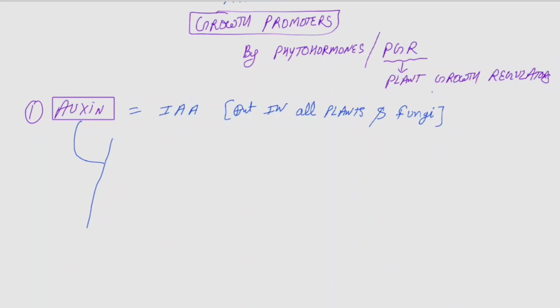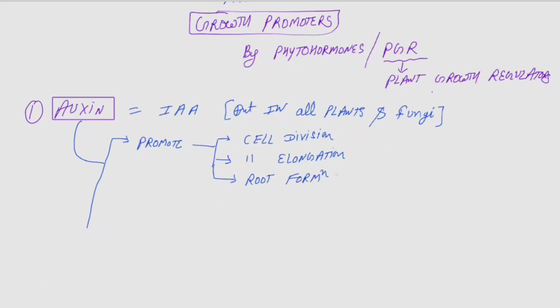Auxin promotes cell division, because if growth occurs, that means the mass or number of cells increases. Cell elongation and root formation are all promoted by auxin.